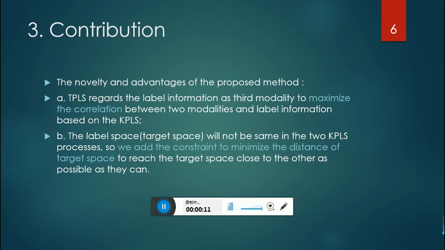So we add a constraint to minimize the distance of the target spaces, so as to make the target spaces as close to each other as they can be. And then I will talk about our model.